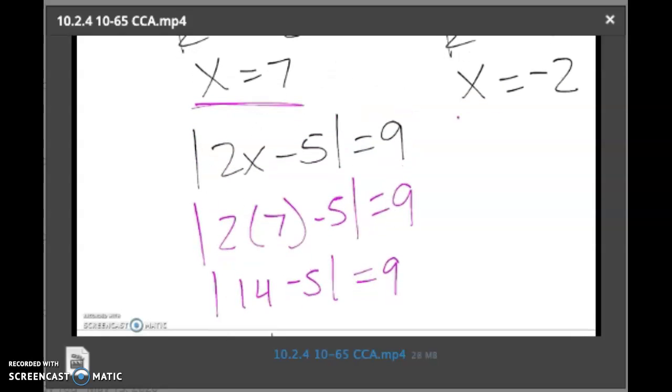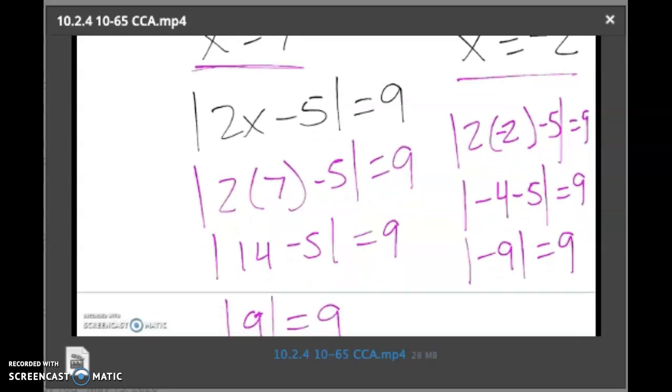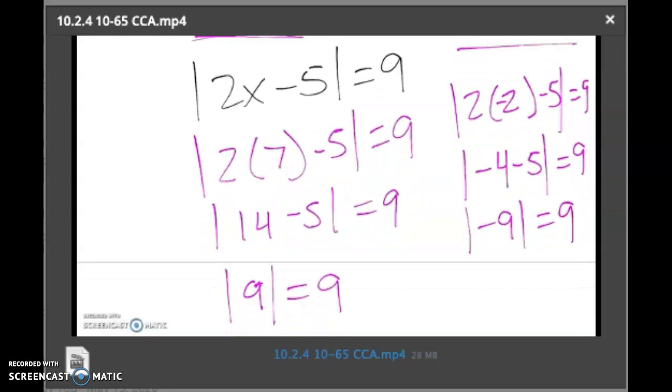And when I do that over here and substitute negative 2 into my equation, I have the absolute value of negative 4 minus 5 equal to 9. I get that the absolute value of negative 9 is equal to 9, and that is true, right? The absolute value of negative 9 is 9.